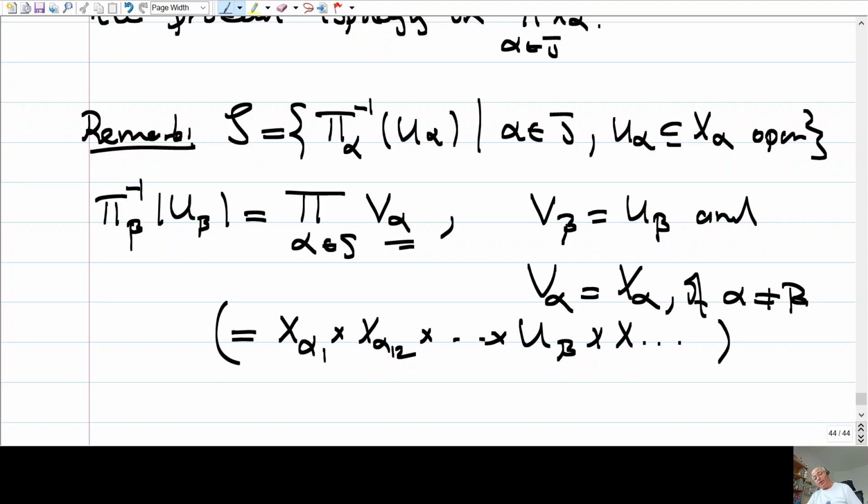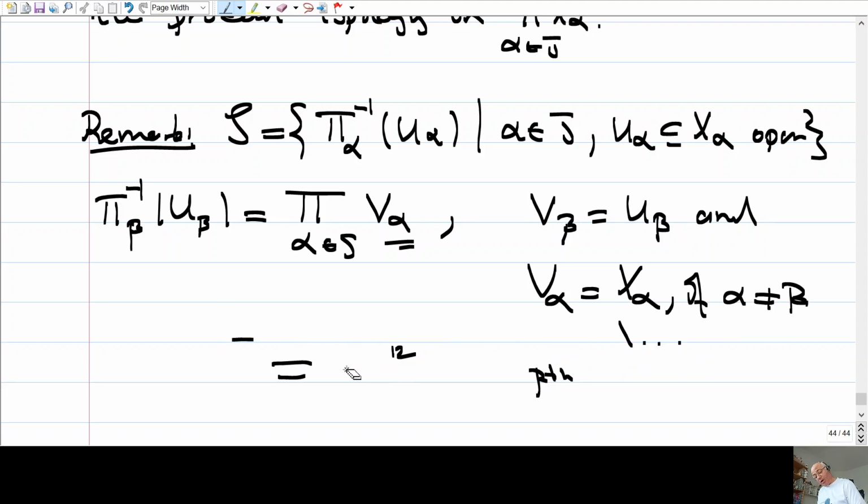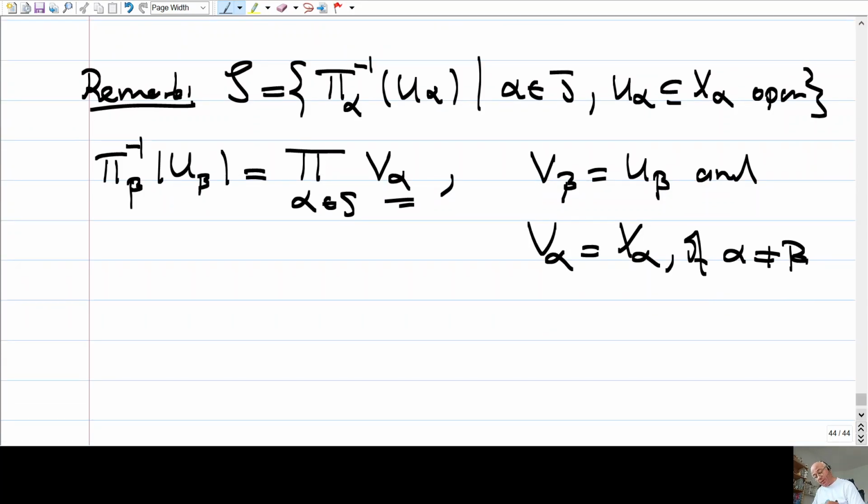So I take the whole topological space, and only at the beta coordinate I take U beta. Okay, and these gadgets are my sub-basis elements. What about the basis elements? Basis elements are intersections of these, right? Intersections of these.